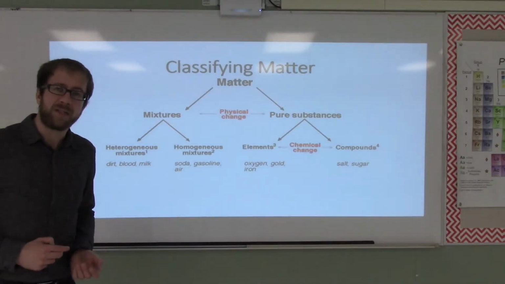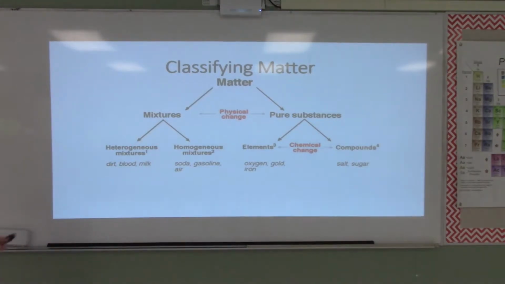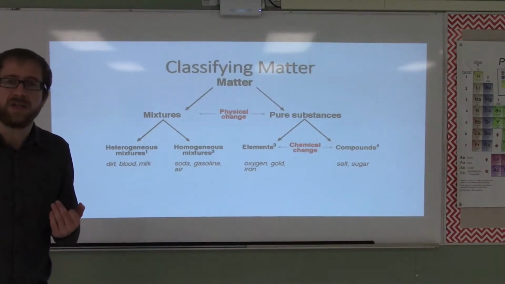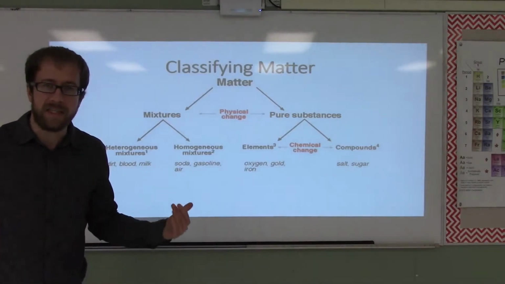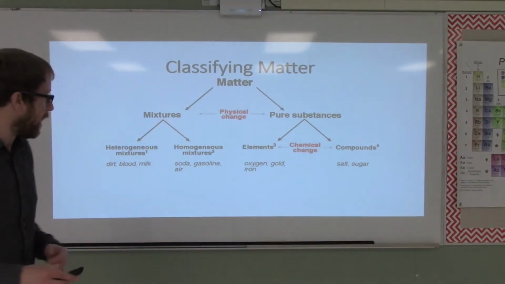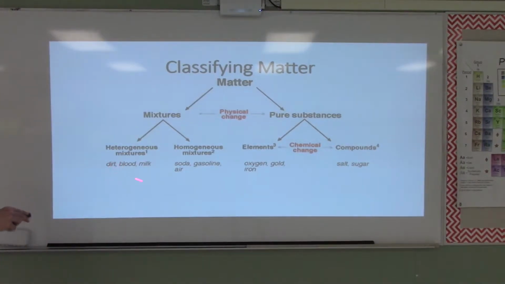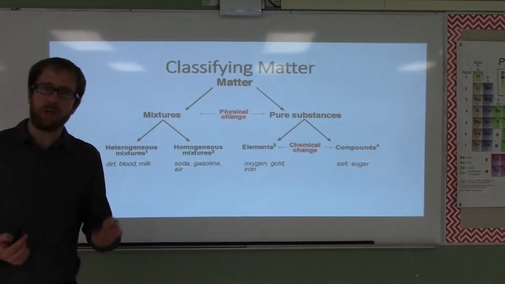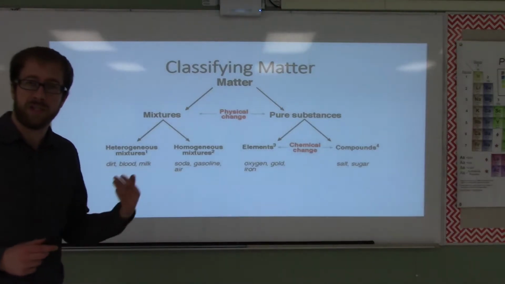The other type of mixture is heterogeneous. A heterogeneous mixture is one that is not the same throughout, right? Hetero means different. Now, things like dirt, blood, milk, these are good examples of heterogeneous mixtures.